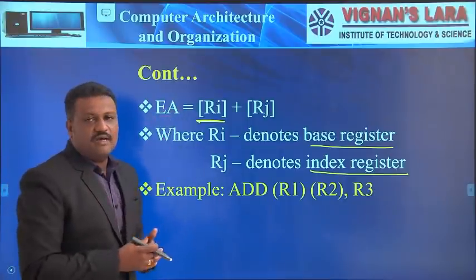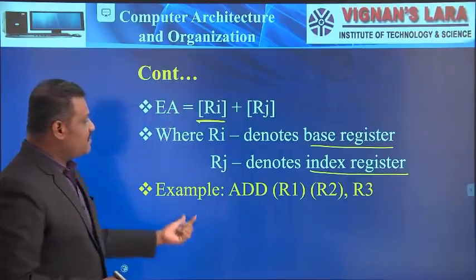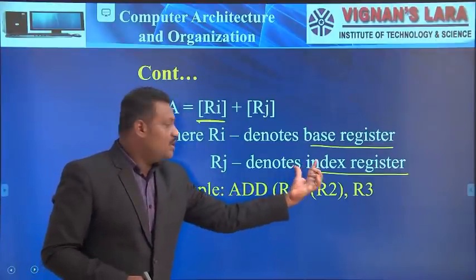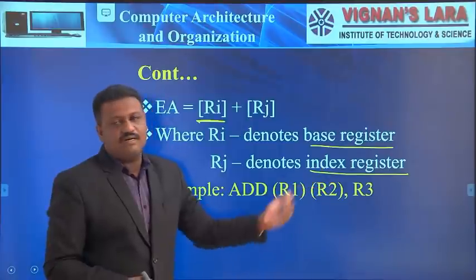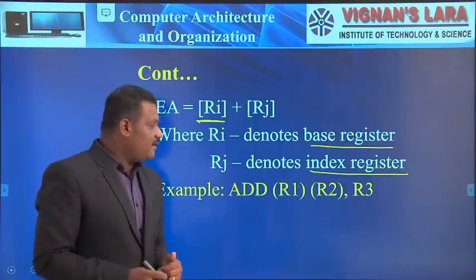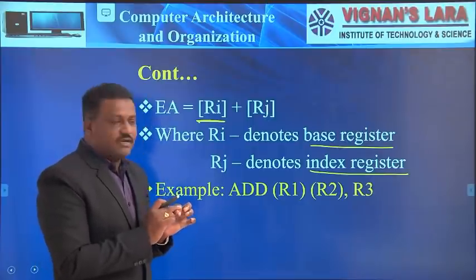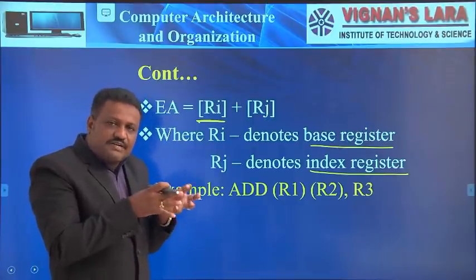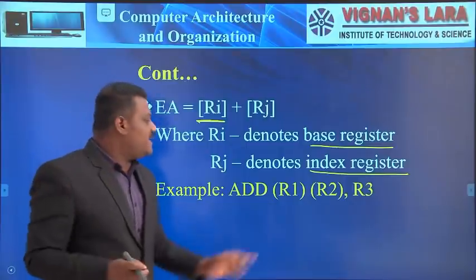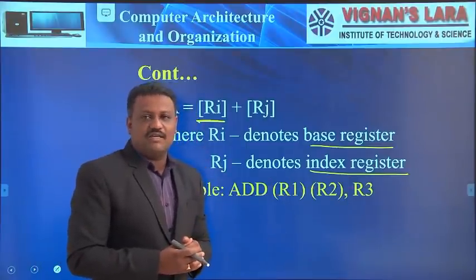I took an example here: ADD (R1,R2), R3. The meaning of this is: add the content of R1 with R2 to get the final offset address of a data item. The data is added to the R3 content.